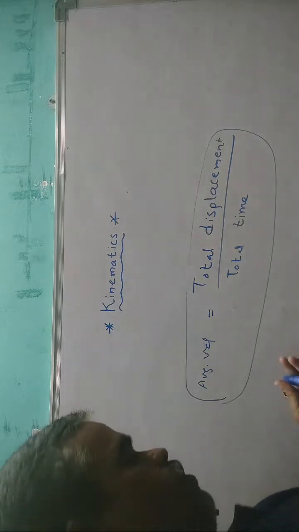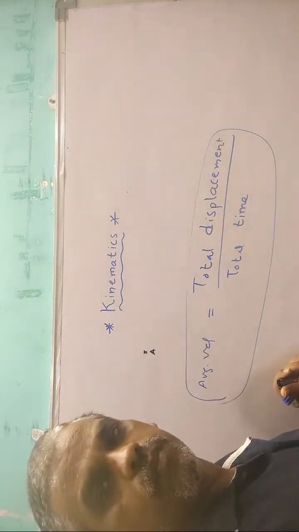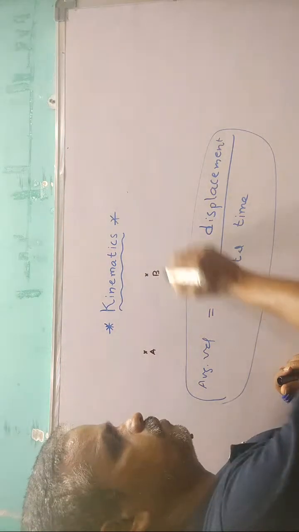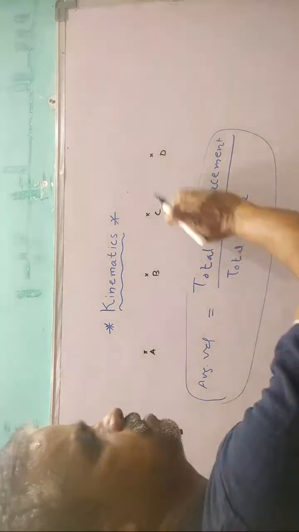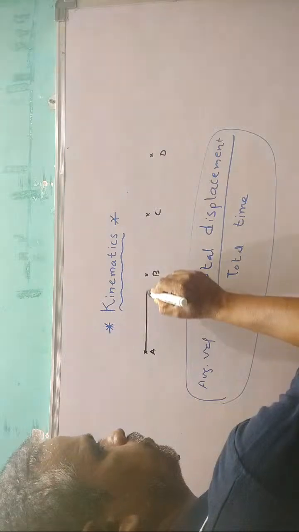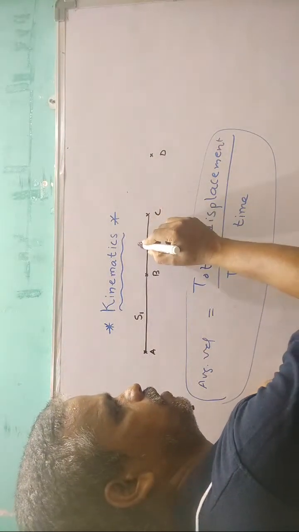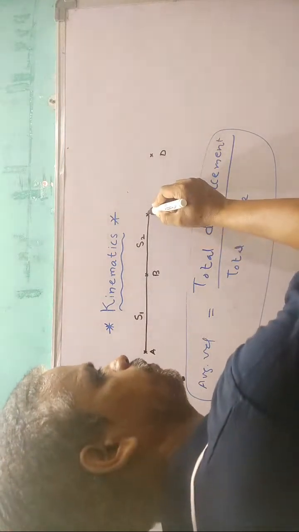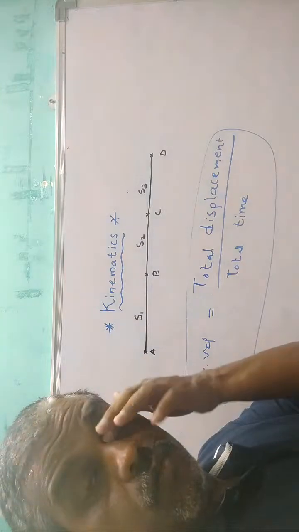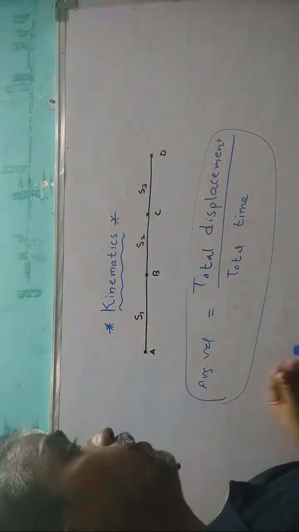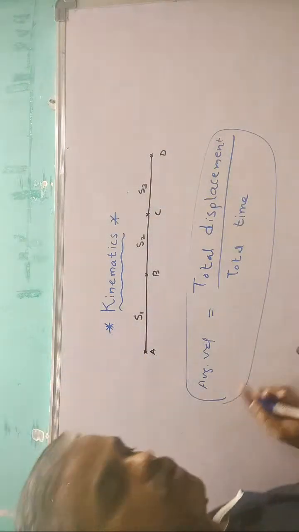See here, a car starts from A, then reached B, then reached C, then reached D. Starts from A, crossed B, and crossed C, finally reached D. So the car displaced S1 displacement from A to B, then S2 from B to C, then S3 from C to D. So how much time taken?